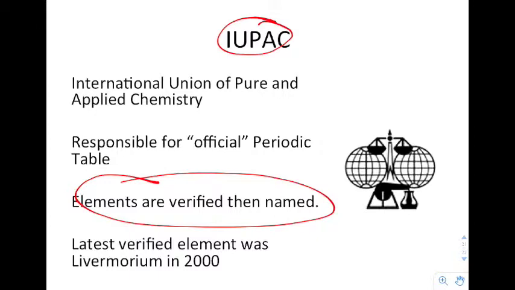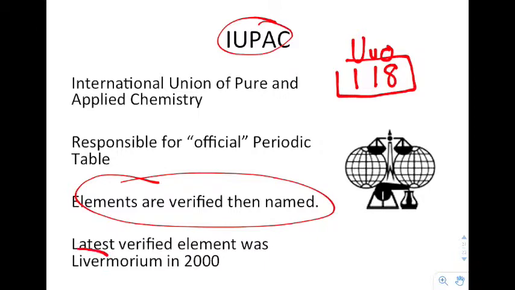If they're successful in finding that it is in fact true, they will give it a preliminary name, such as UUO. UUO would be an example for element 118, and that stands for ununoctium. Once you do that, they'll discuss naming this particular element. Sometimes the person who discovers the element has a say in what it's going to be named, but ultimately it's up to the IUPAC.